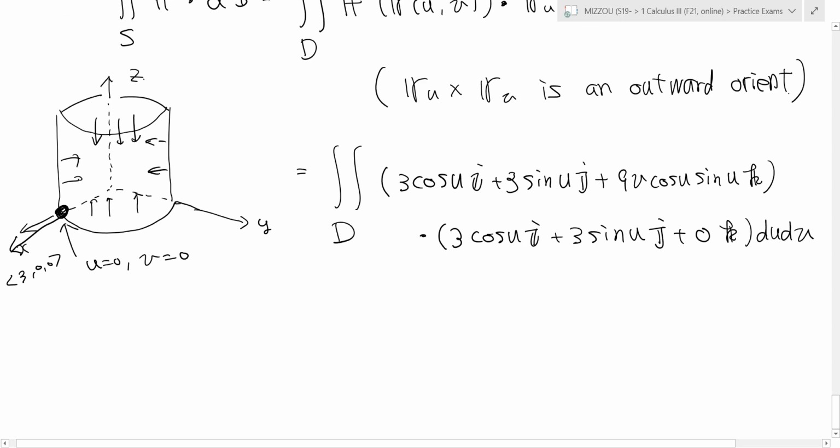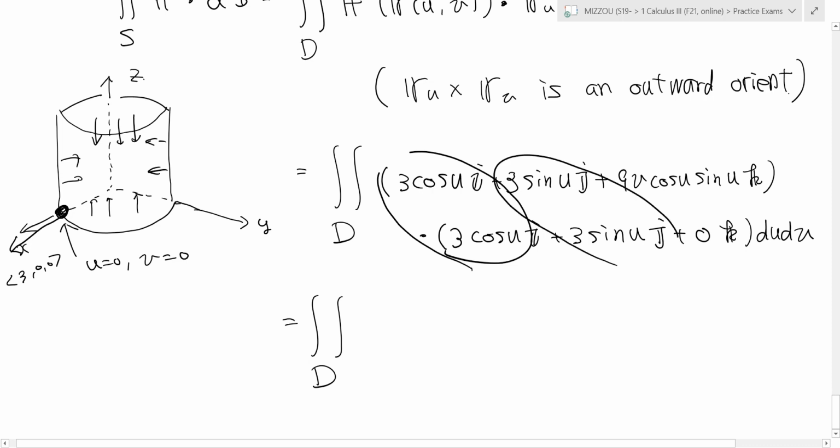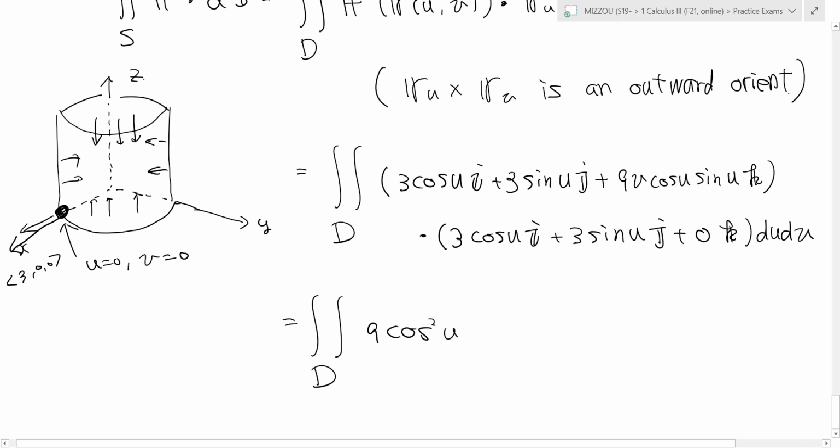If you take the dot product, you just multiply those, and 0 times this. Carrying that out, you get 9 cosine squared u plus 9 sine squared u plus 0.